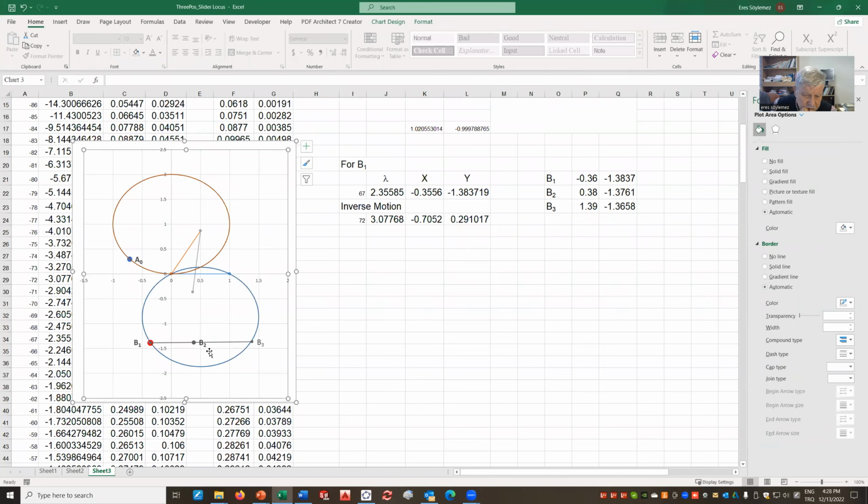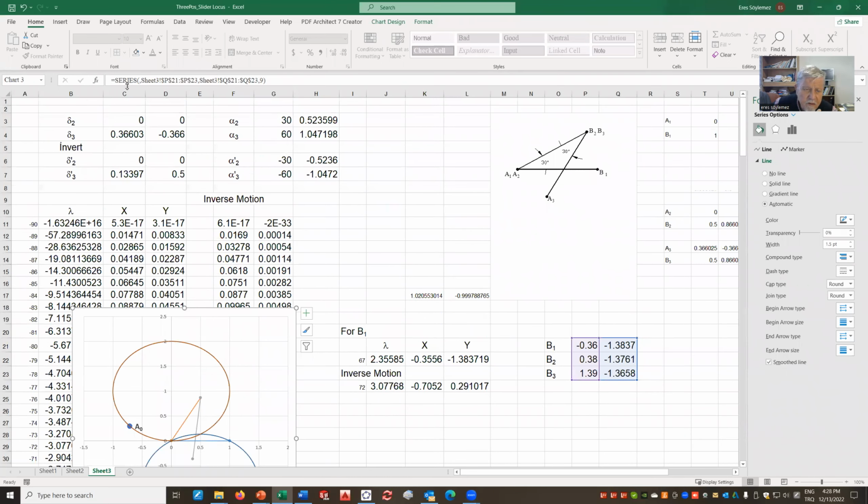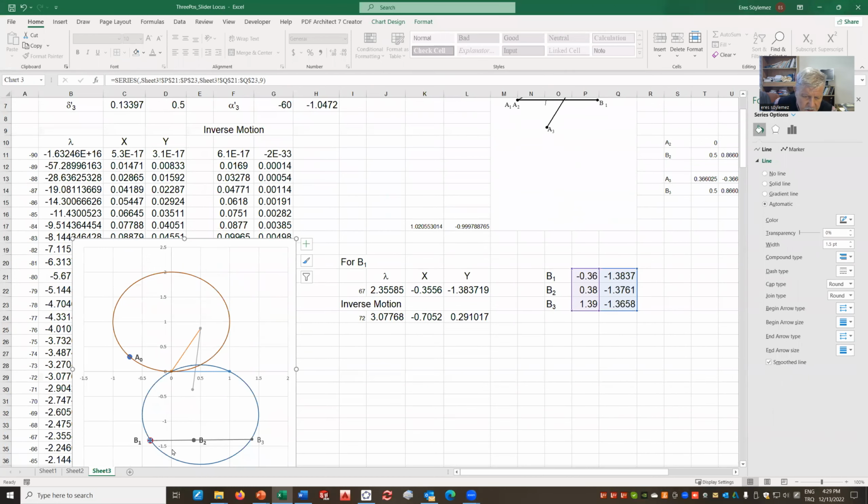I have B2, B3. What you can do is either use the gamma function, P-position slider gamma. Rather than using lambda, the gamma function gives you the angle of the slider, so you can make it equal to 90 degrees.